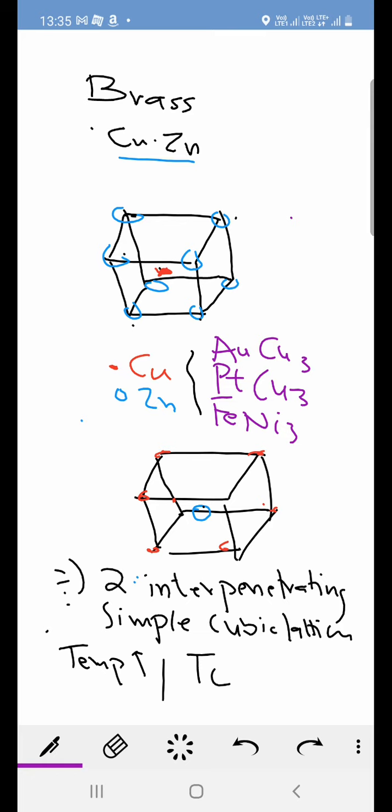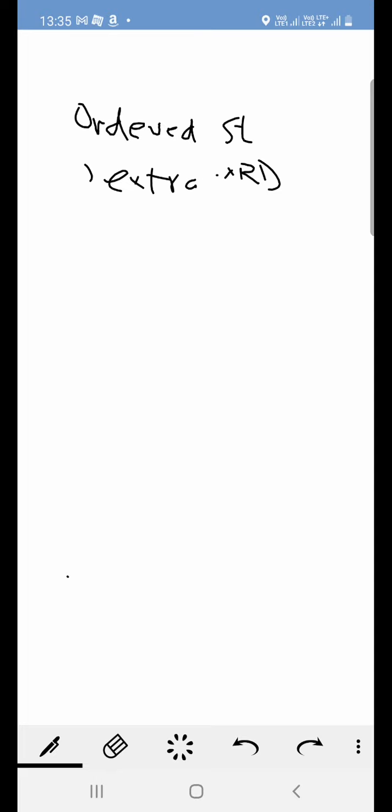Now, another property of an ordered state is that in the XRD, you get some extra XRD lines. An ordered state is also characterized by extra diffraction lines.